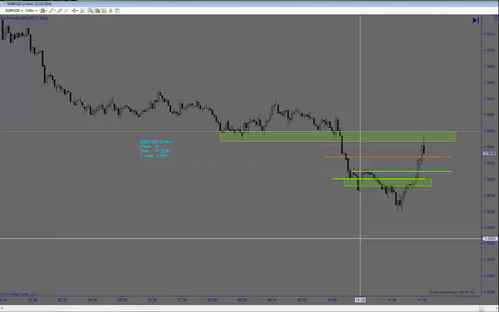Yes, can we look for two times to test the area? Yeah, you don't always get a double hit. I think with a double hit your signal is a lot stronger on the first one than on the second one. Because if price is serious about continuing on, it shouldn't have to go back to test it again, you know? I think retests are lower probability setups.